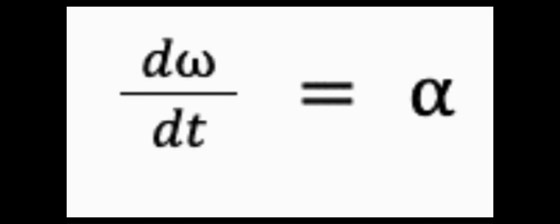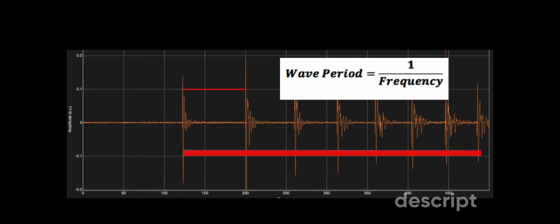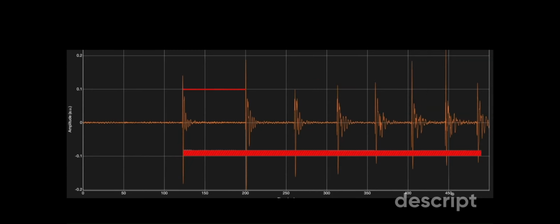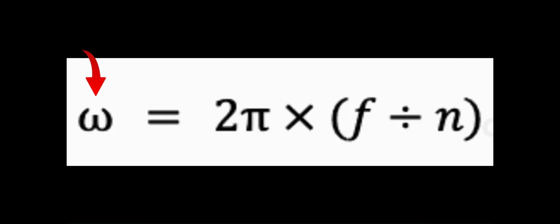In order to find the angular velocity at any particular point, we first find the period at that point, find the frequency using the relationship period is 1 over frequency, count the number of teeth on that sprocket, and use the equation omega equals 2 pi times the frequency over the number of teeth on that sprocket to find the approximate instantaneous angular velocity at that time.